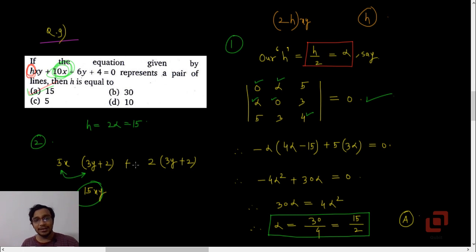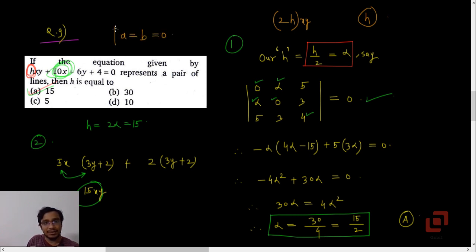But all these things will come to you only when you solve a lot of practice problems. Okay, so the correct answer is option A. Now just by merely looking at the problem, you can actually guess the answer, right? That is h is equal to 15, and another thing is here a and b are equal to 0.